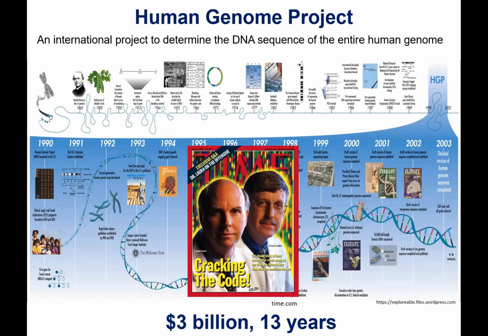We started by sequencing some small organisms like E. coli and rat and mice. Then we learned from those experiences, and in 2003 we completed the Human Genome Project. We sequenced about 99%. That took about 30 years, and the entire project spent more than $3 billion.